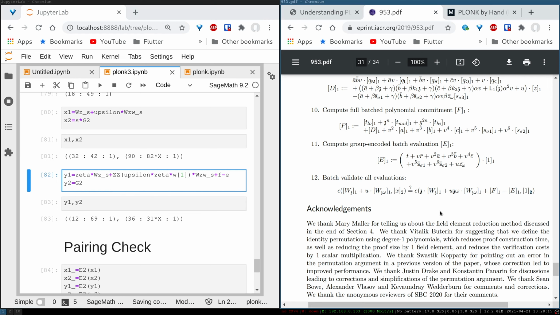Okay, so if everything goes well, E of x1, x2 should be equal to E of y1, y2.